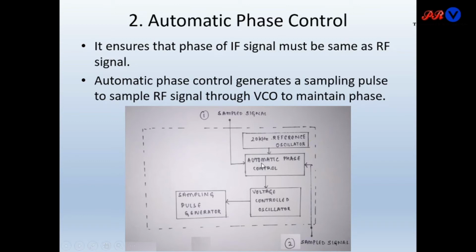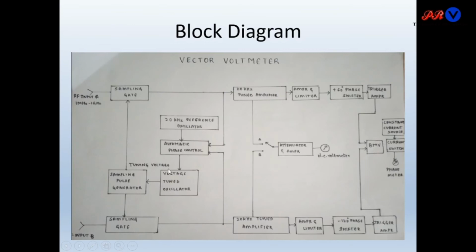So, this is the automatic phase control circuit which provides a sampling pulse to the sampling circuit through the VCO to maintain that phase. This is our sampling pulse generator which provides the sampling pulse for sampling this RF signal, and this sampling pulse is generated according to this automatic phase control circuit. So, by using this sampling pulse the phases of the RF signal and the IF signals are the same for both the inputs.